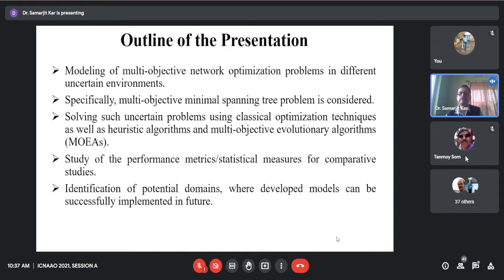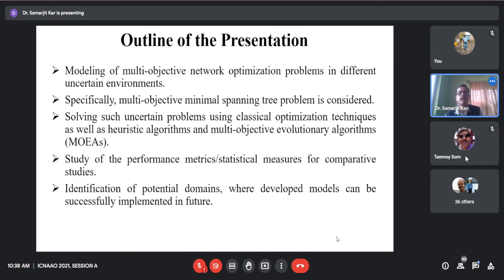Then there are different solution approaches, because for the multi-objective domain there are some classical approaches, but if we use those classical optimization techniques, mostly we converge to a single optimal solution. But in multi-objective optimization, our target is always to have a set of solutions, that means a set of compromise solutions, because we cannot get the optimal solution here.